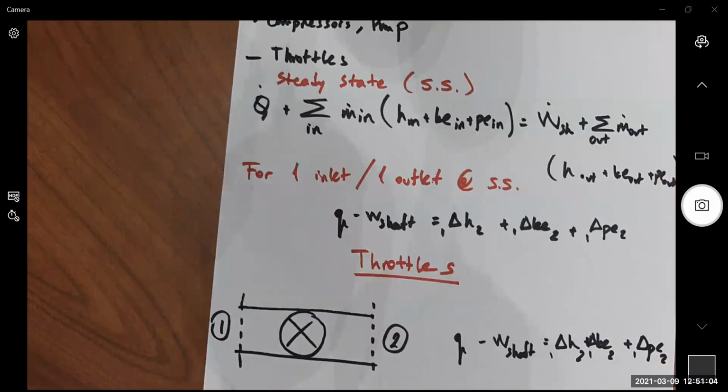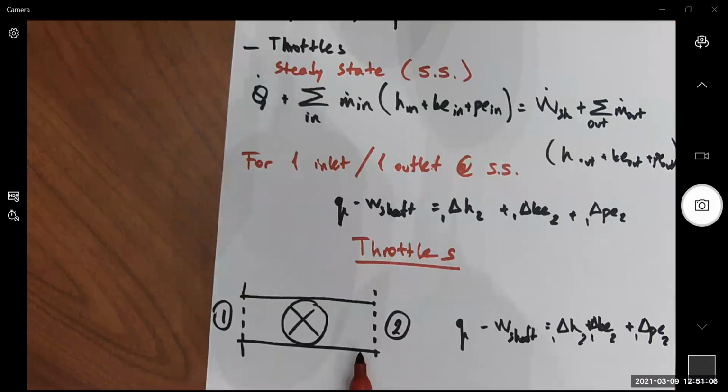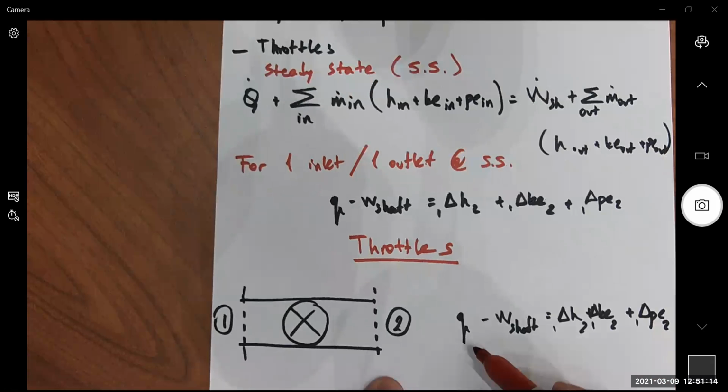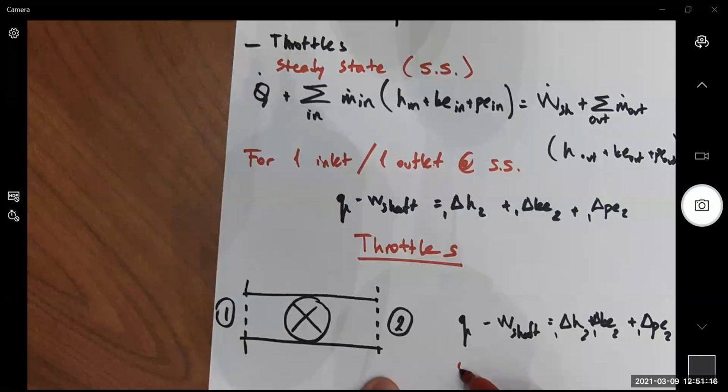For throttles, as you can see, it's very simple stuff. Well, again, from a thermodynamics point of view, actually it is not. So ideally, Q is 0.